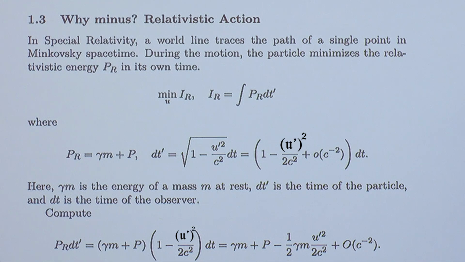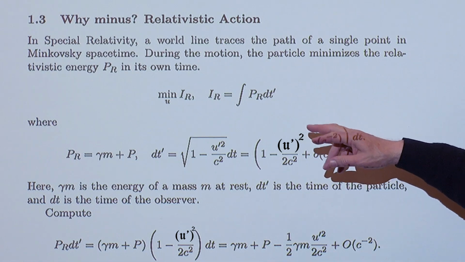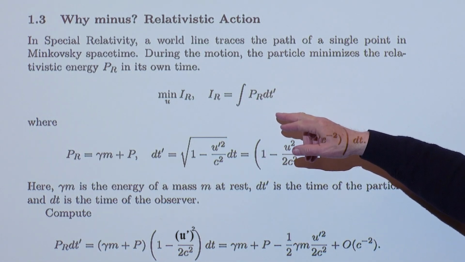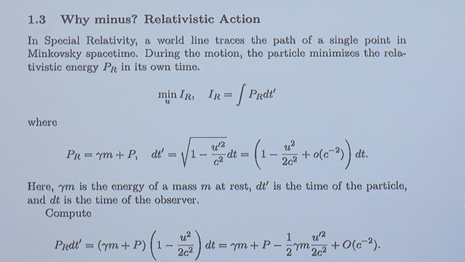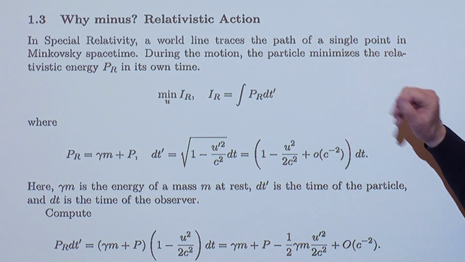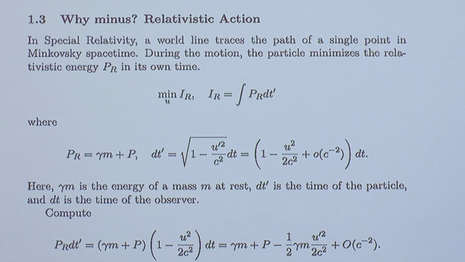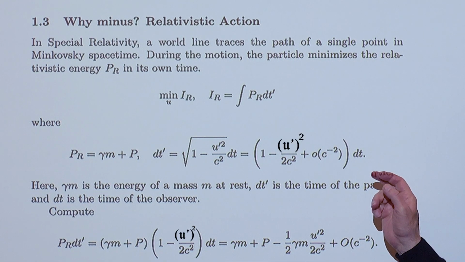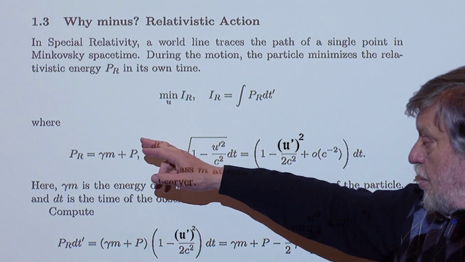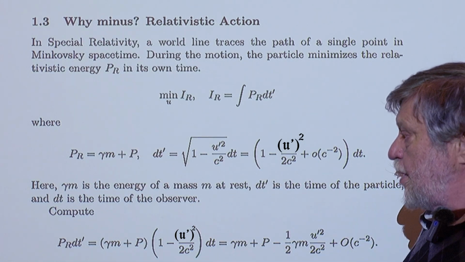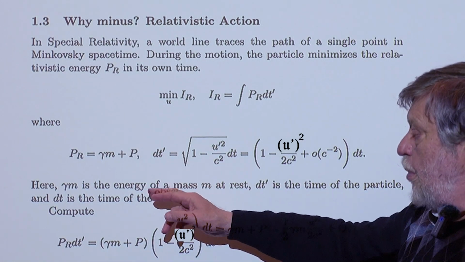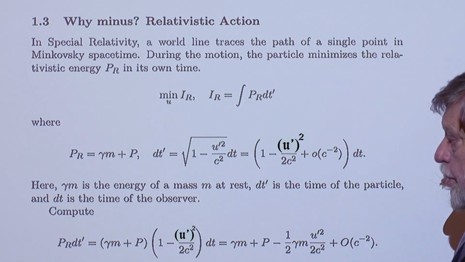So according to special relativity, the particle minimizes the relativistic energy in its own time. I have to explain what relativistic energy is and what this means in its own time. Relativistic energy differs from usual Newtonian energy by adding one term.